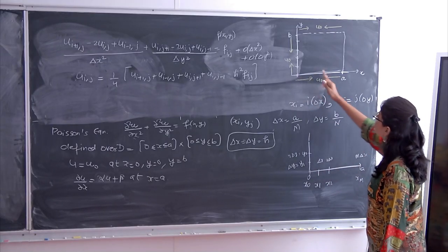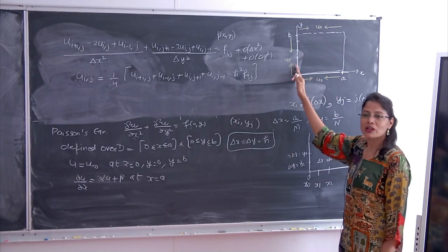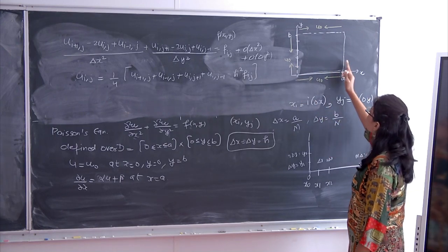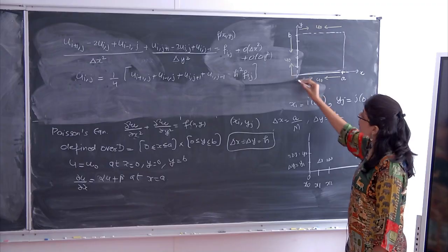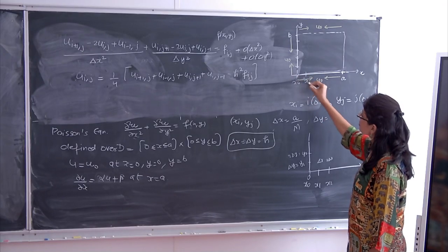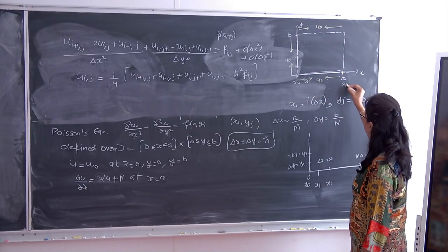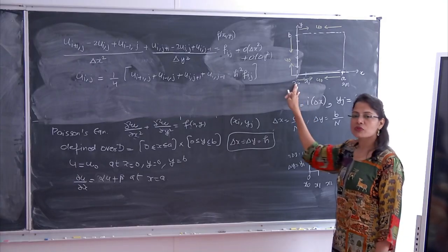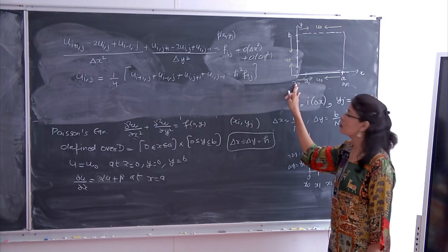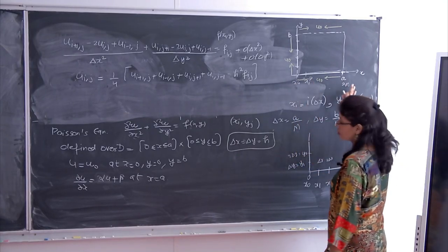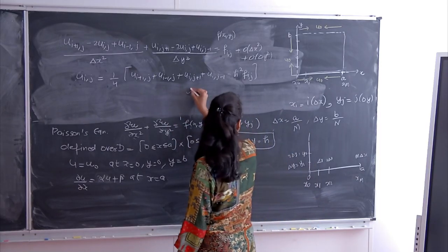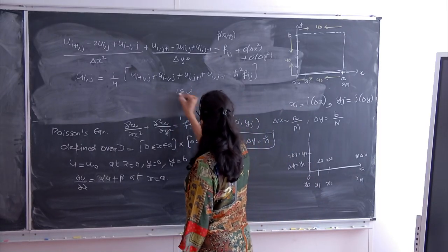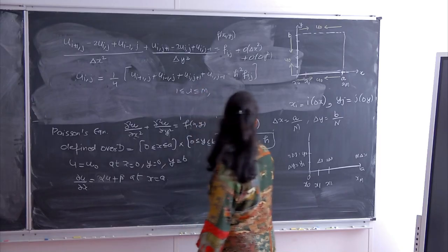The value is given when x is equal to 0, but not at the other end. If the first point is x0, the next is x1 and the last one is xm, I am given the function's value at x0 but not at x1 up to xm. So the value of i lies between 1 and m.